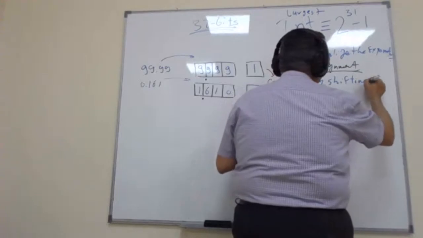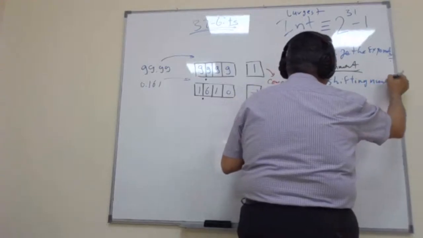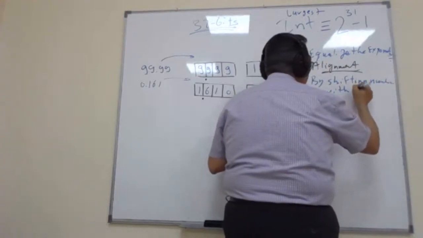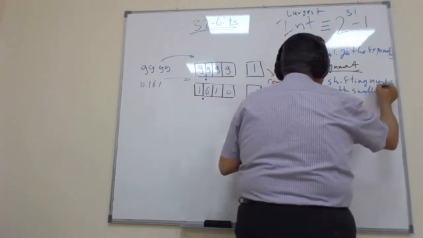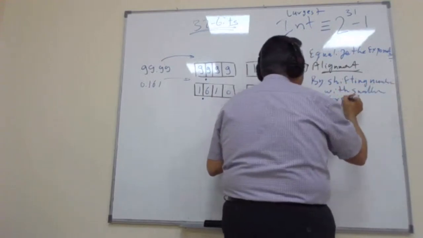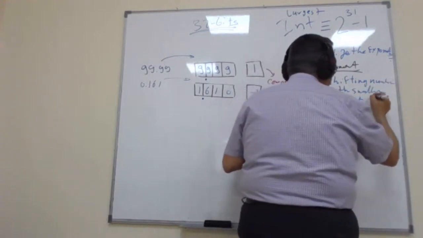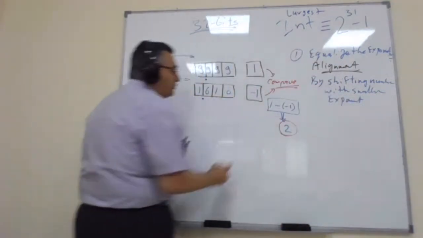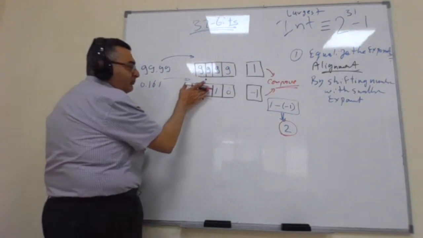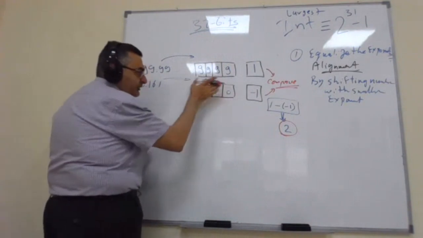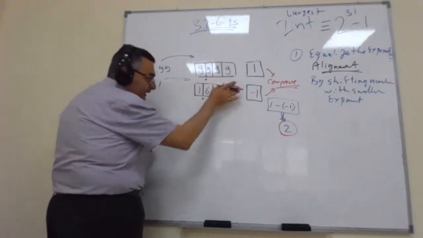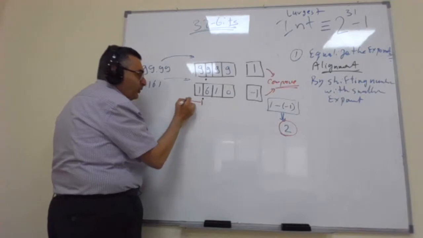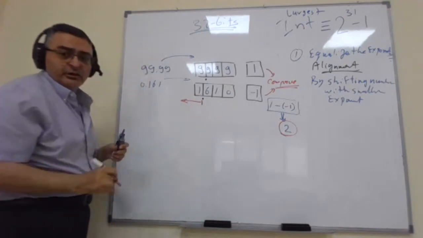أو shifting a number with smaller exponent can be number of places equals to the difference between the two exponents. يبقى النمبر ده هيتشفت to the right. معنى كده ان الديسيمال بوينت بتاعته هتتشفت to the left.